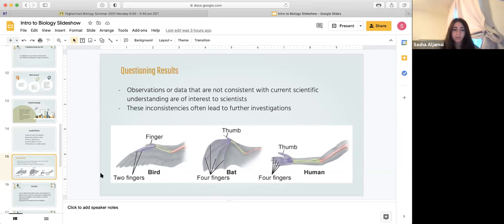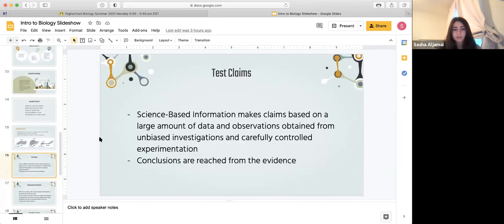And that's how some scientists gather more information, and it leads to further investigations. And then test claims. Science-based information makes claims based on a large amount of data and observations obtained from unbiased investigations and carefully controlled experimentation. Conclusions are then reached from the evidence.